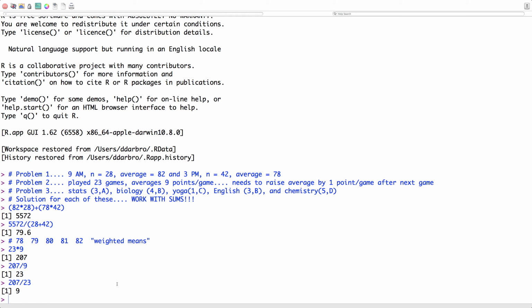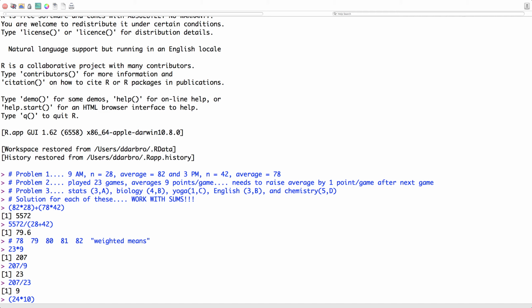Now, let's think about what has to happen for this basketball player to raise their average by 1 point per game. Well, they wouldn't have played 23 games, they would have played 24. And they wouldn't be averaging 9 points per game, they would be averaging 10.